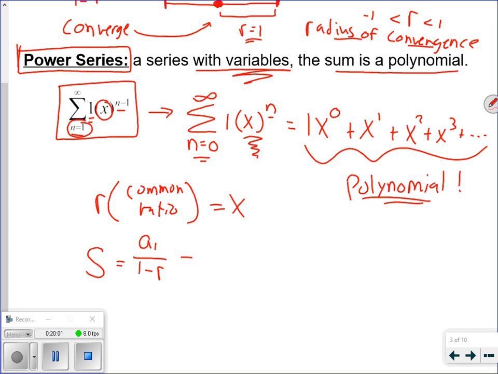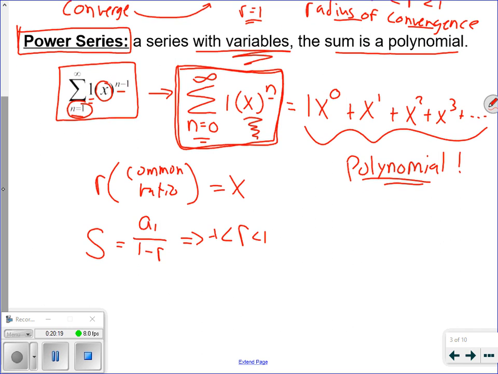Only true if r is between -1 and 1. So since this is now x, this power series is going to converge to an actual sum, an infinite sum, if and only if x is between -1 and 1.